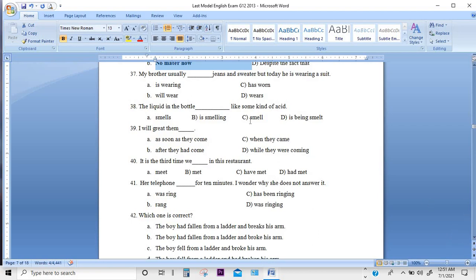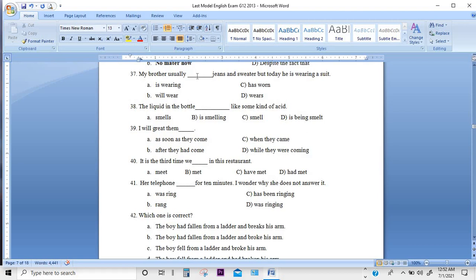Now the adverb usually shows that the action is something repetitive. በተደጋጋሚ የሚከሰት አክሽን መሆኑን ፍሪኩዌንሲ አድቨርቡ ዩዥዋሊ የሚለው ያሳያል። So it is a repetitive action in the present. As you can see, today he is wearing a suit. So this is what he usually does. Okay, ሁልጊዜ የሚያደርገው ነው ማለት ነው as a repetitive action.